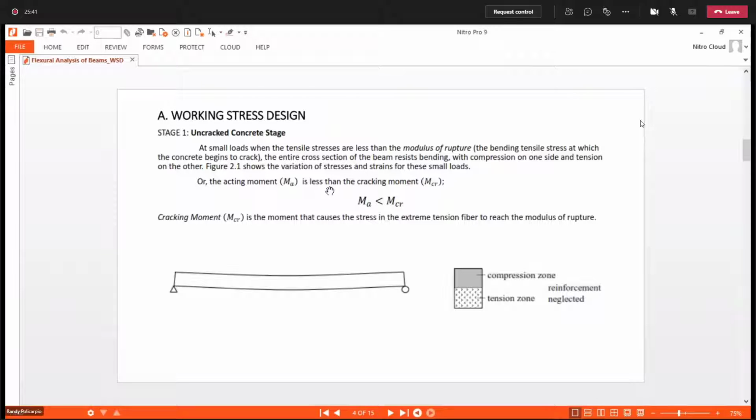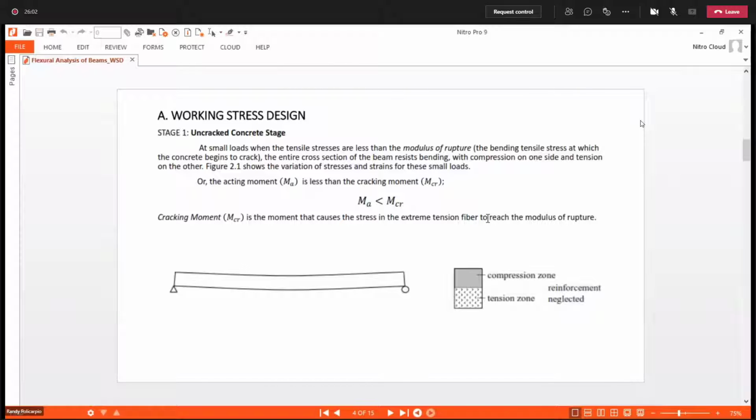But using the other criteria, you make use of the stresses. So ano yung stresses na yon? Ito, the tensile stress in your concrete is less than the modulus of rupture. So yung modulus of rupture natin is yung FR, no?